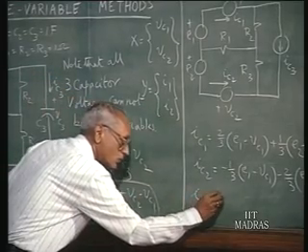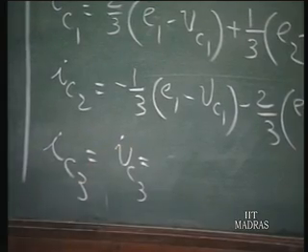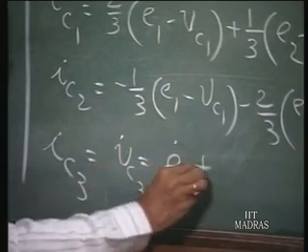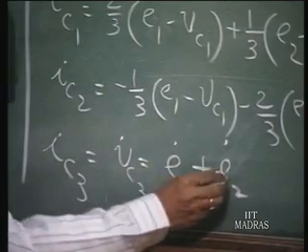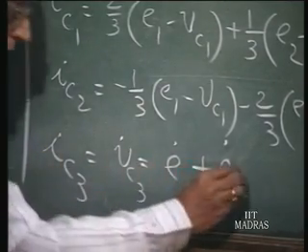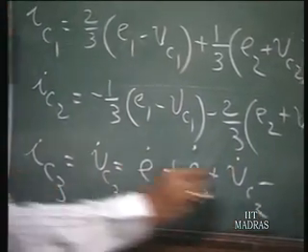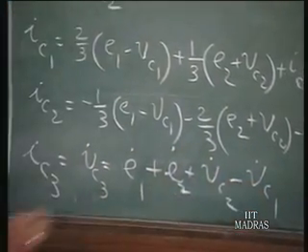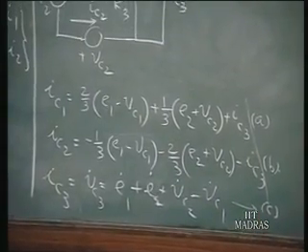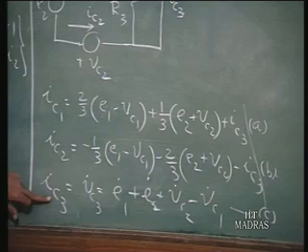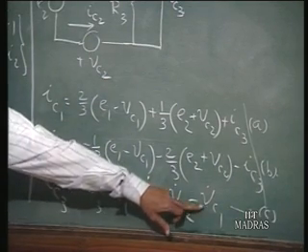But C3 is equal to 1, therefore IC3 equals E1 dot plus E2 dot plus Vc2 dot minus Vc1 dot, where dot is the derivative. So this is the third equation, C. This equation C will enable us to express IC3 in terms of the derivatives of the sources and the derivatives of the state variables.